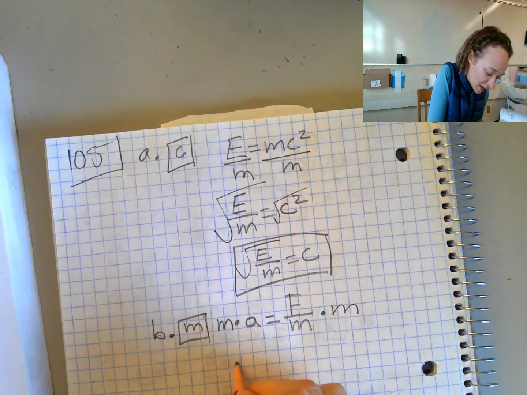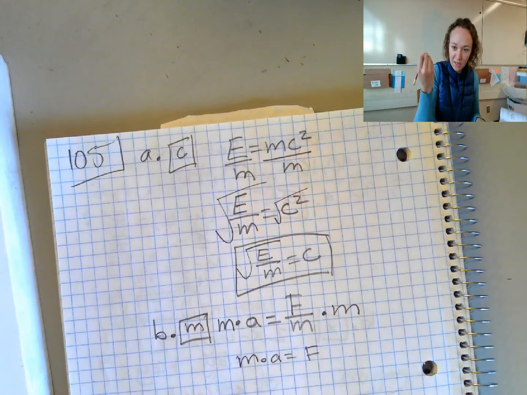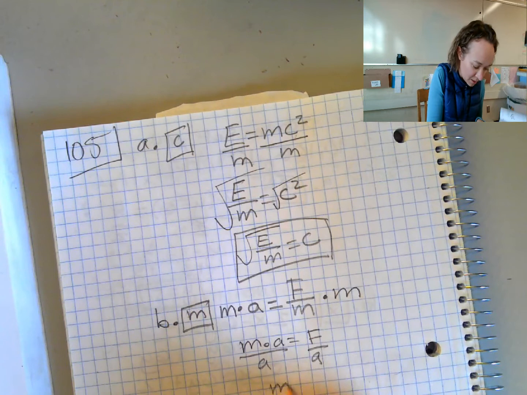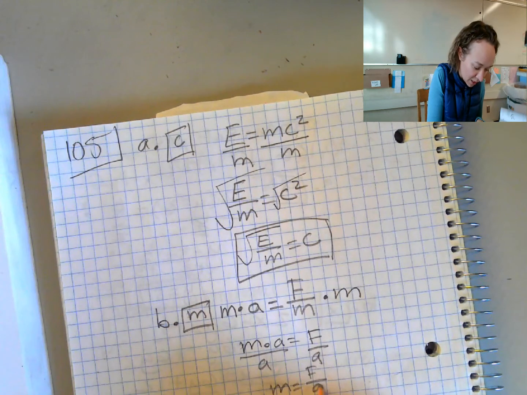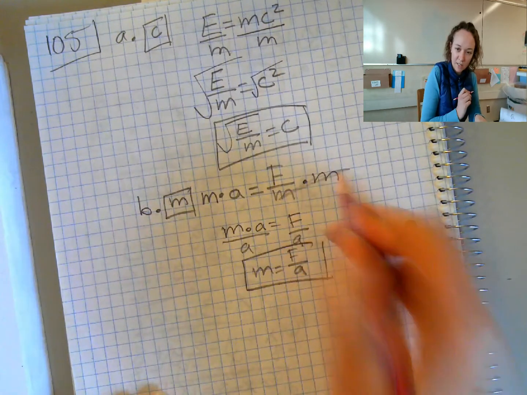So that gives me m times a equals f, and then I can divide both sides by a. So m equals f divided by a. And that's because these two would cancel like that.